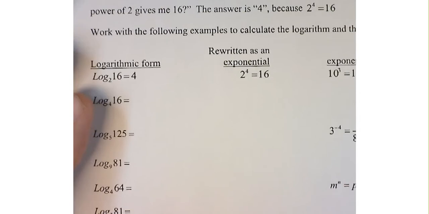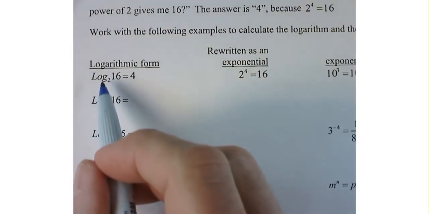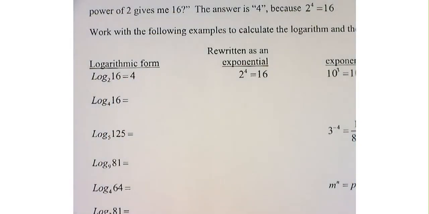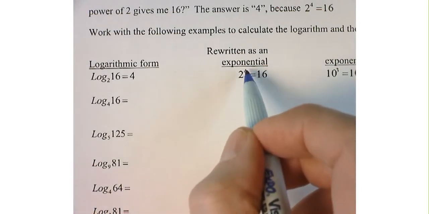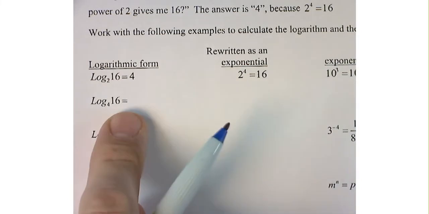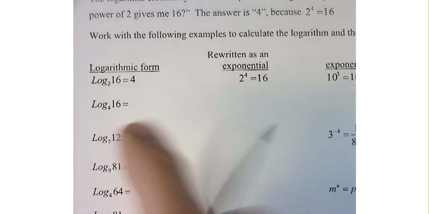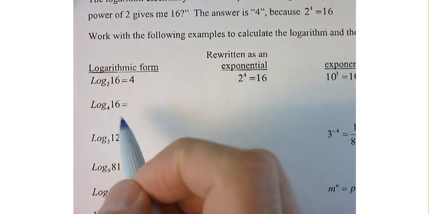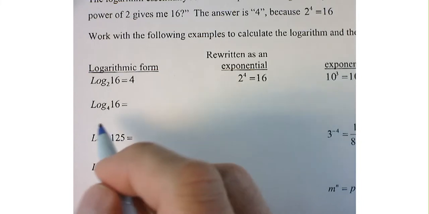And let's start with the first one. Log base 2 of 16, and I already wrote that there for you, it's a 4. That's because 2 to the 4th power equals 16. And now there's some symmetry here that's really not symmetry, it's more like coincidence. But how about this? What power of 4 gives me 16? 2.